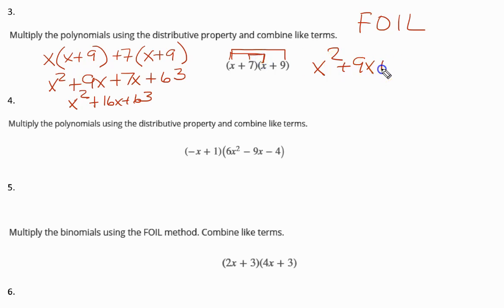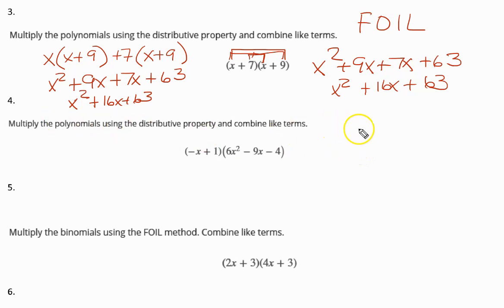Inners, plus 7x. And last, plus 63. Now notice we're getting the exact same results. FOIL is just another way of doing it. And x squared plus 16x plus 63.